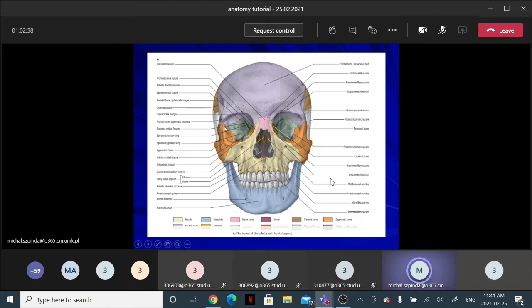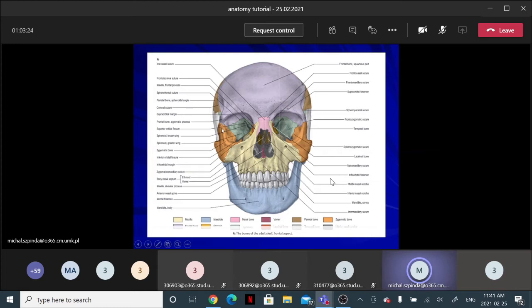Apart from this, the most important for topography is the medio-posterior border. That's visible in the orbit and in the temporal fossa.